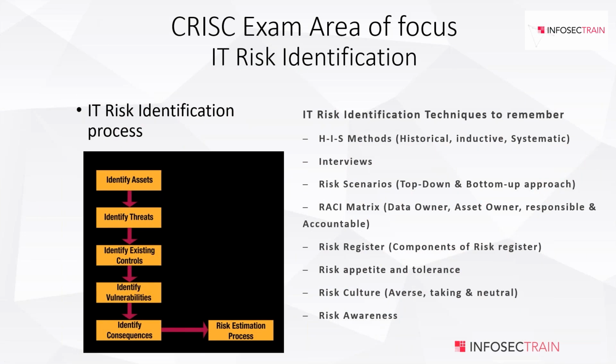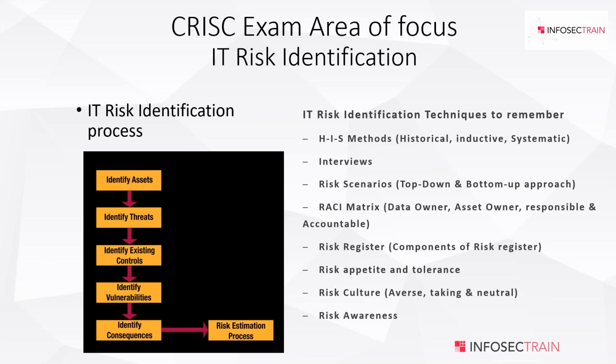We'll consider the first focus area or domain, that is IT risk identification. In a session of one hour or so, you may find it's a cursory overview of what we are going to learn and understand about knowledge statements, task statements and the overall area. This IT risk identification process typically revolves around asset based risk.